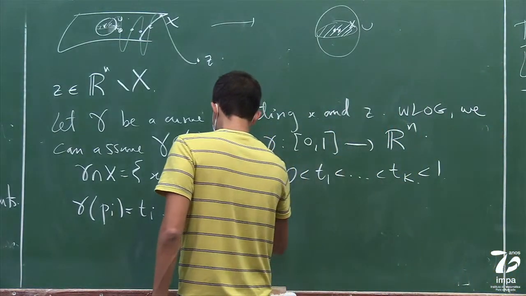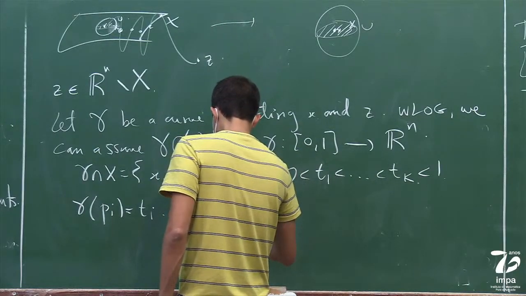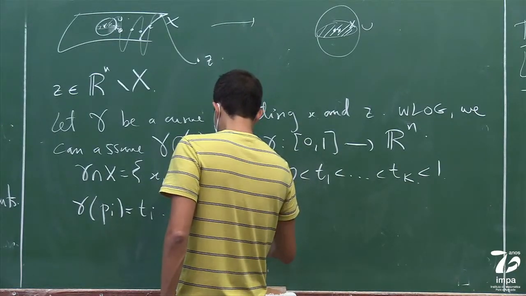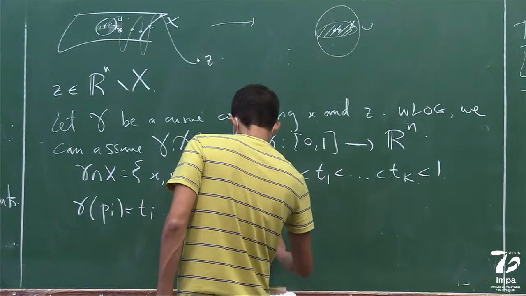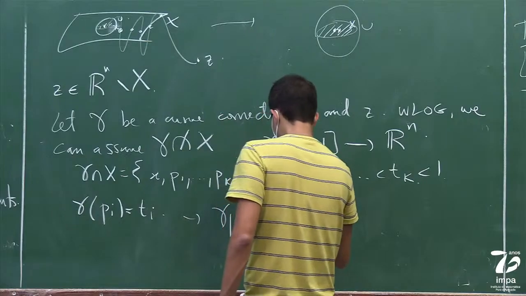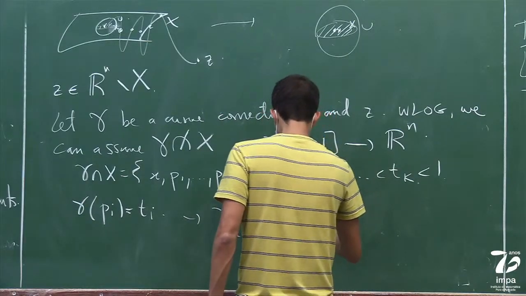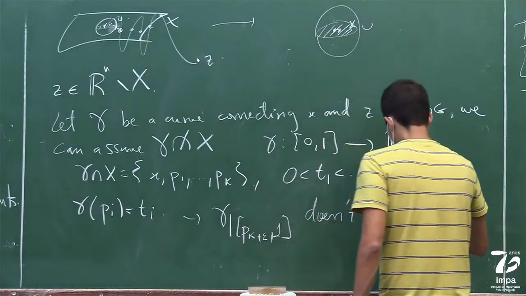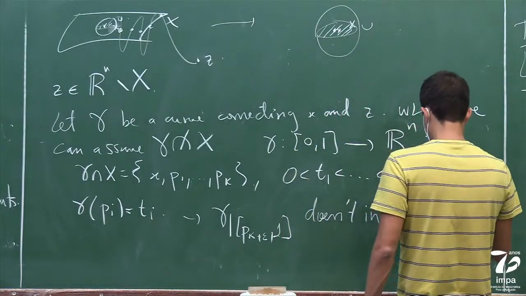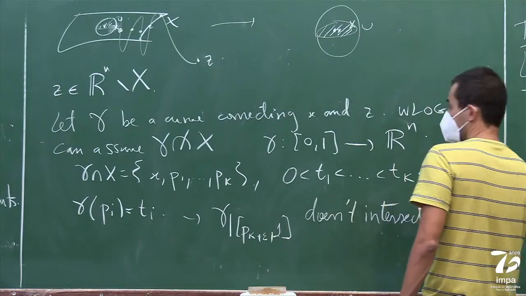So that means that if I take the curve gamma restricted to tk plus epsilon, 1, this curve doesn't intersect x.